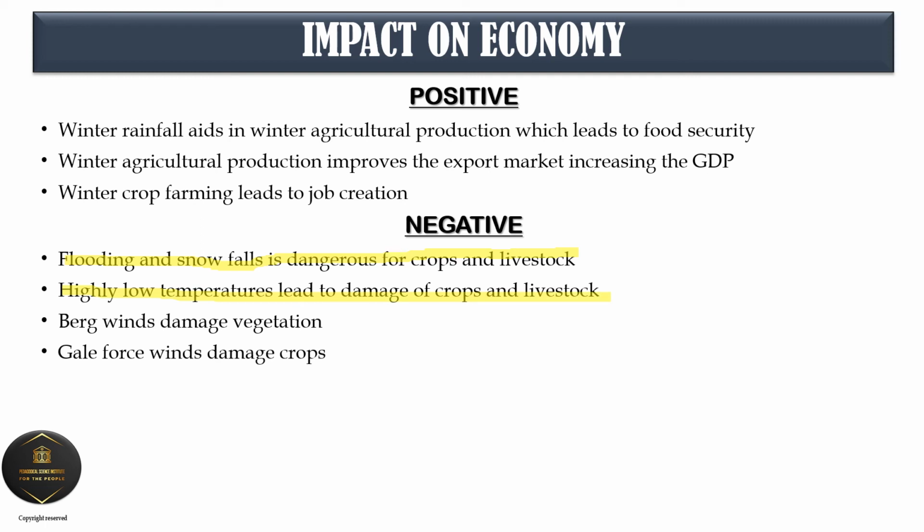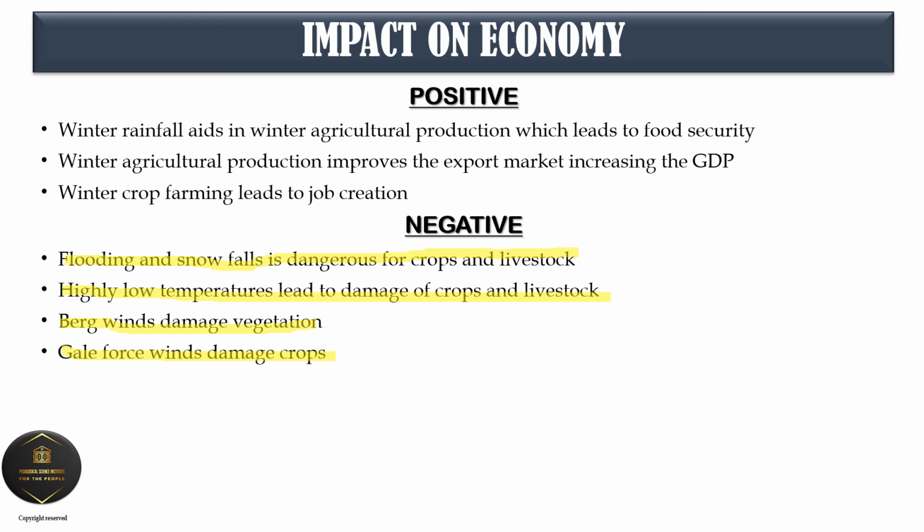We also know that these berg winds may damage vegetation and also lead to loss of biodiversity, right? And we know that the gale force winds may damage crops as well, because these winds are really strong. So some of the crops may be uprooted as a result of that.